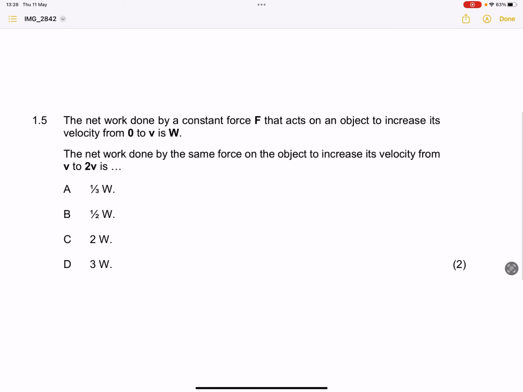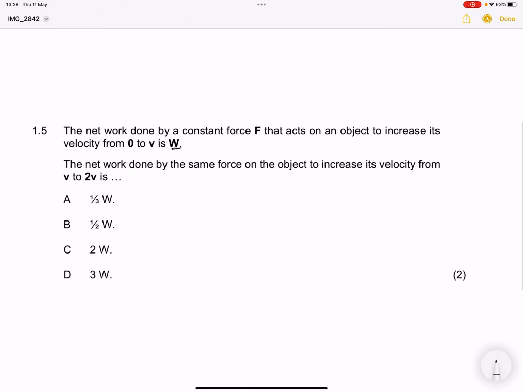They say the net work done by a constant force F, that acts on an object to increase its velocity from 0 to v is W. Now, ladies and gents, in these kind of questions, what it requires us to do is to set up an equation that relates W and those velocities as well as F, if that is possible.